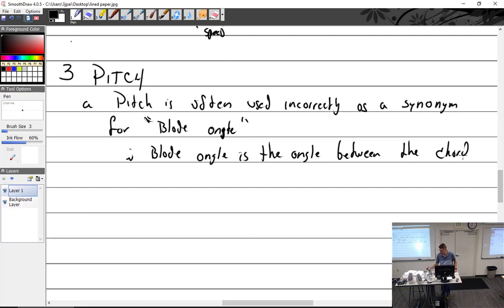What's the chord? From the leading edge to the trailing edge. Leading edge, trailing edge, trailing edge, leading edge, either which way, it doesn't matter. It's the angle between the chord, or the flat spot, chord of a blade section, and plane of rotation.